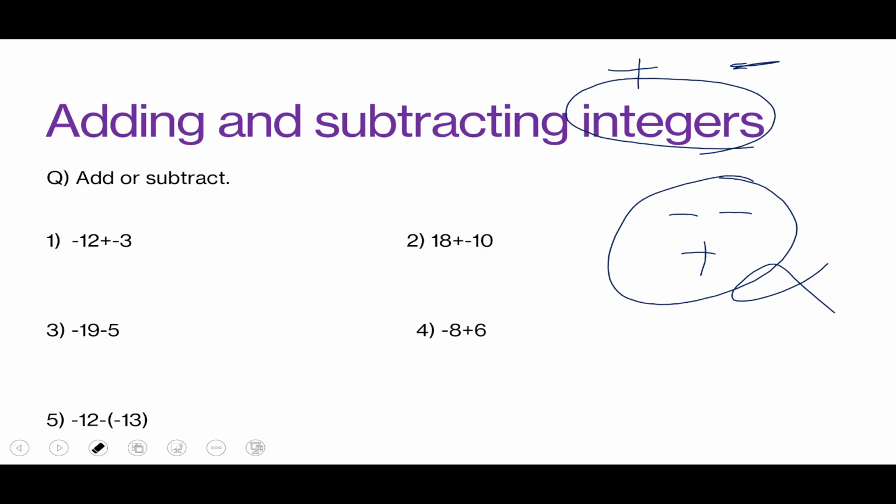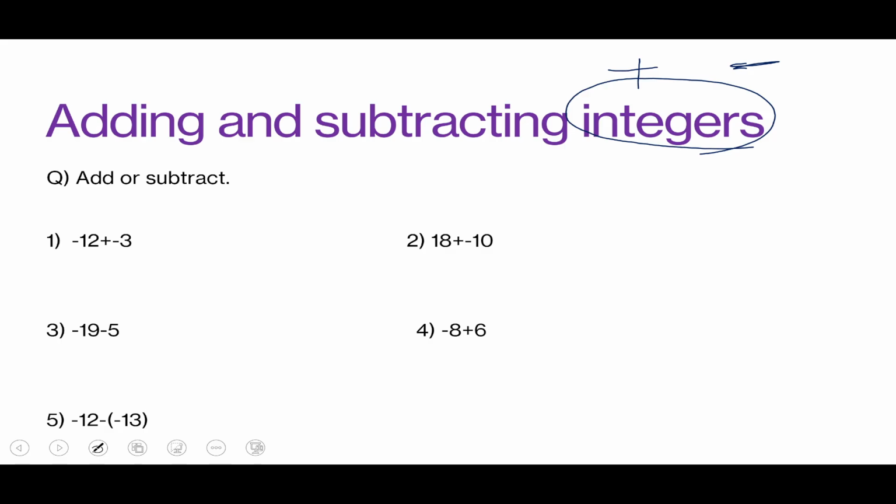So what do we do here in adding and subtracting integers? In grade 6 we memorized some rules about adding and subtracting: the same sign we need to plus, and the different sign we need to minus it. Do not memorize it.